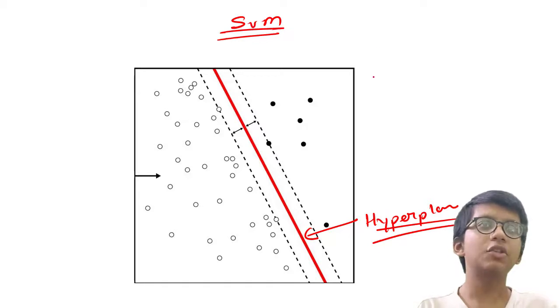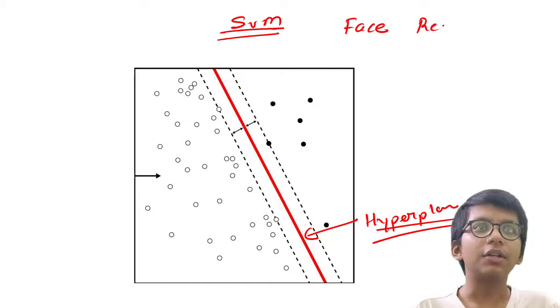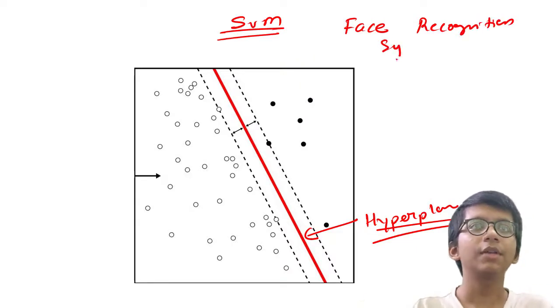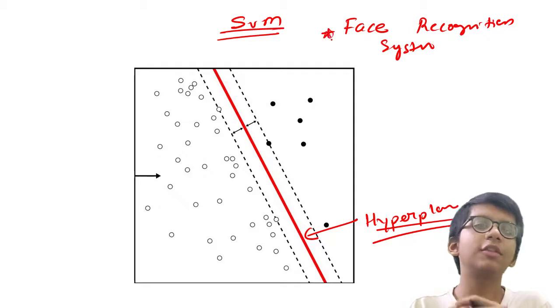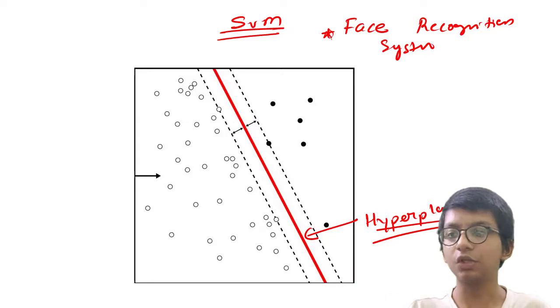So let's say that you are building a face recognition system. Although this will be a long video, so I have written the outline, so I can see here what comes next.